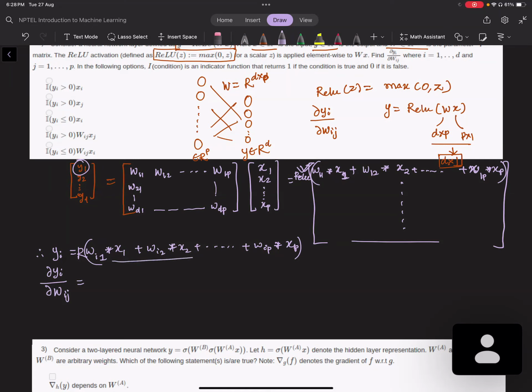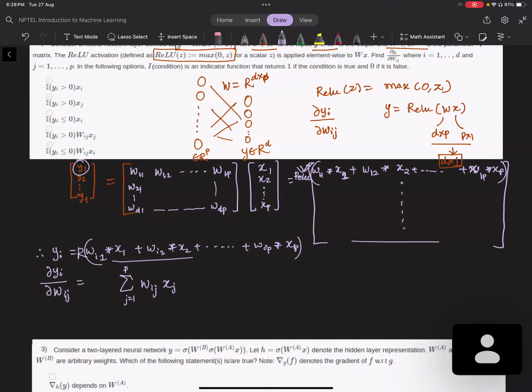So this all can be written as summation of j equals 1 to p, w_ij x_j, because j is varying, so replace with j.